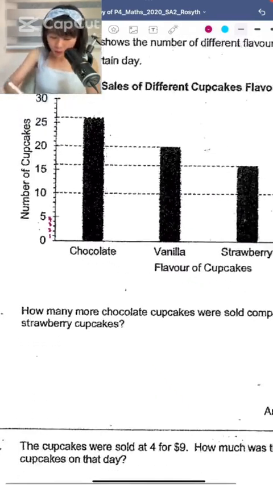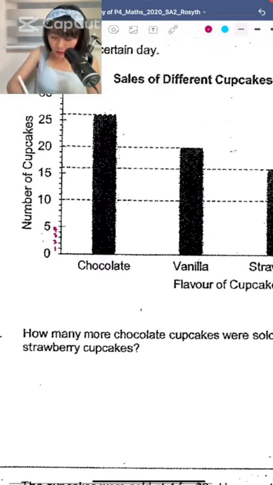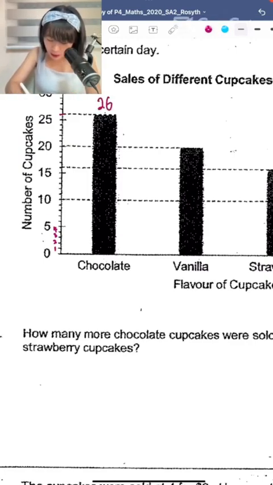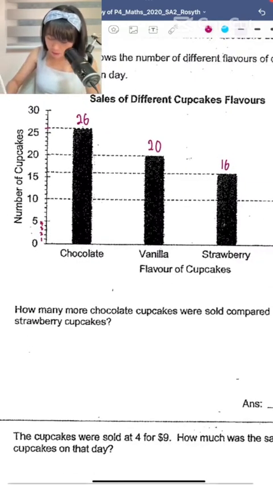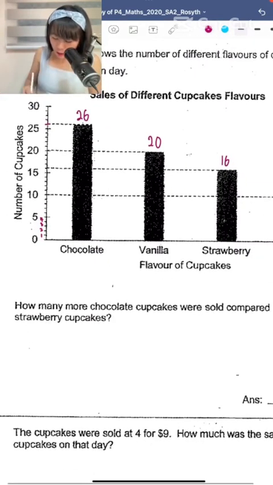So if this is 25, the next interval, you go up one level is 26. This one, if you see it carefully, it is just 20. And then for strawberry is 16. For lemon is 10.